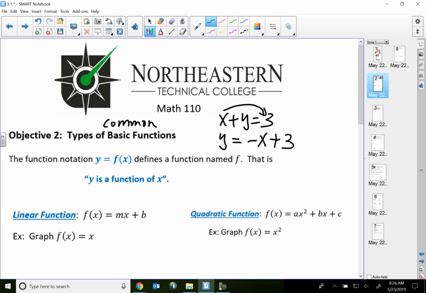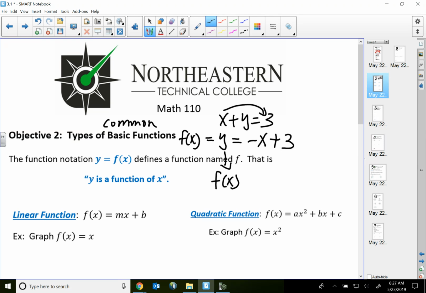So what we are saying here is y is a function of x. That simply means we are now going to replace the y to become a function. So y is now equal to f of x. Y is a function of x.